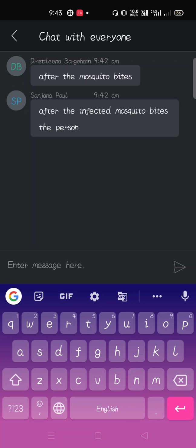Means at what site in the mosquito they should be present. If they're present in the stomach of the mosquito, then at that point of time they do not get transmitted, right? So where should they be present to get transmitted into the human host?